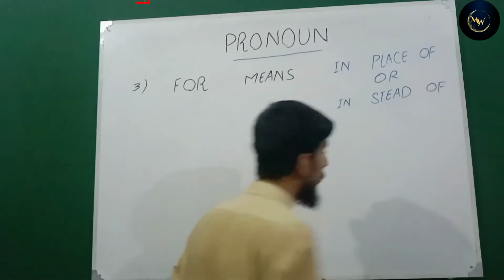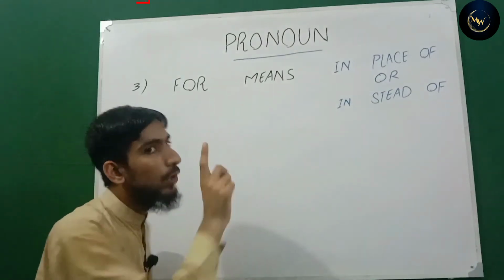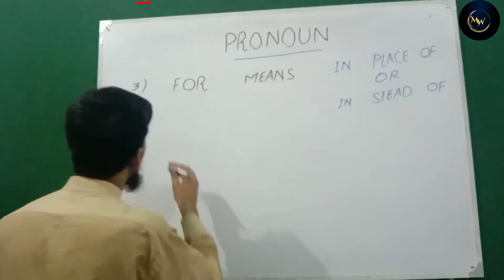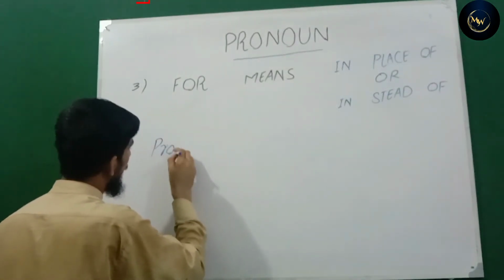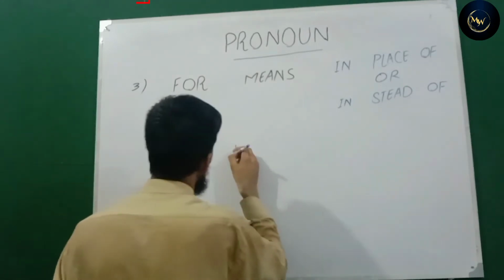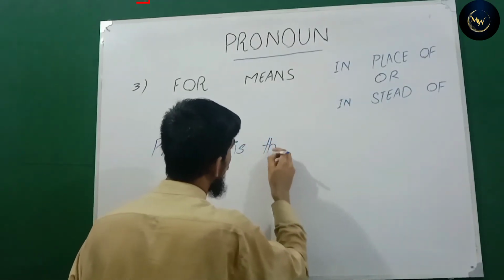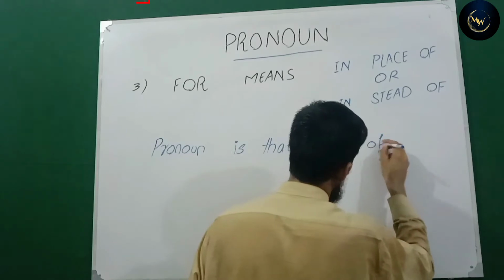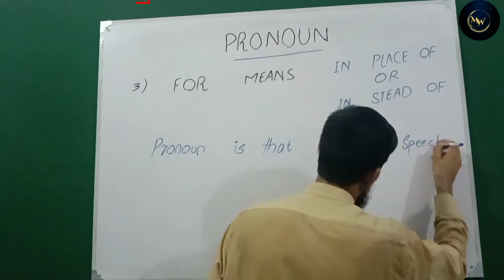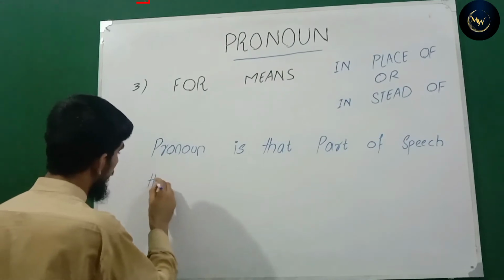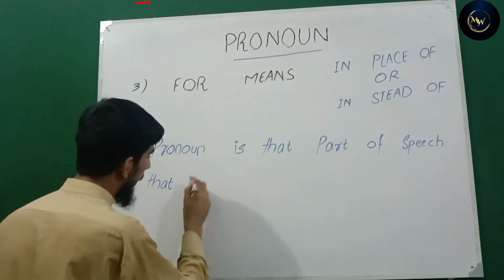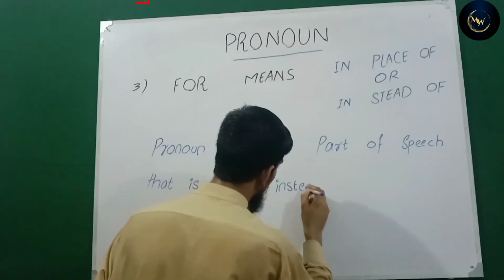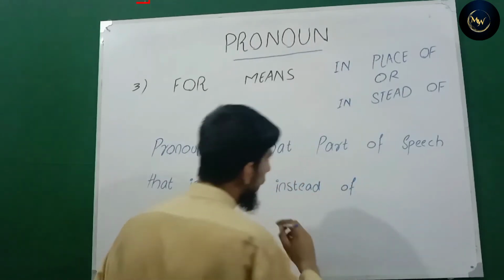So now from this meaning of for, we will define pronoun, what a pronoun is. The native writers have written in their books that pronoun is that part of speech that is used instead of a noun.